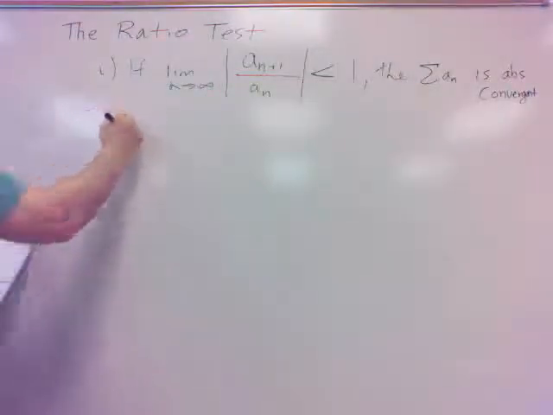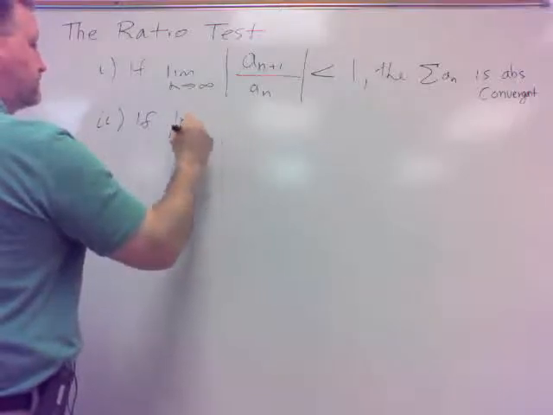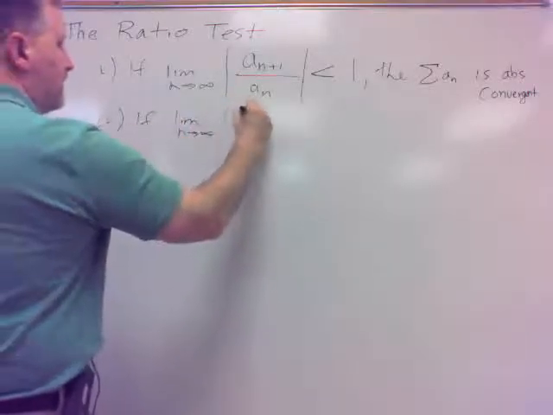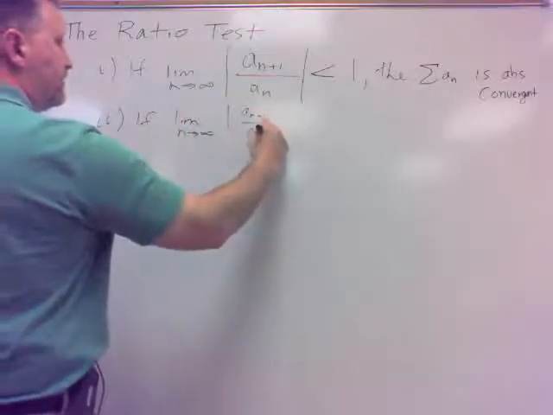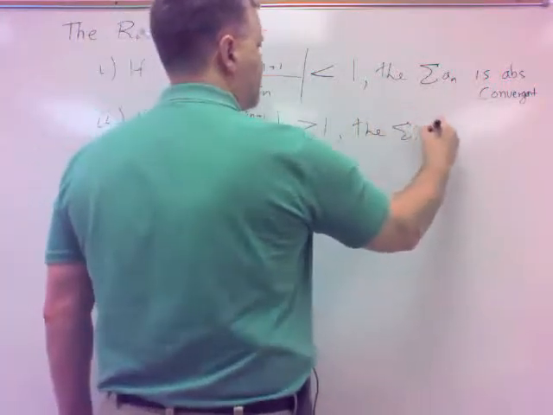All right, number 2, if the limit as n goes to infinity of this ratio is greater than 1, the series diverges.